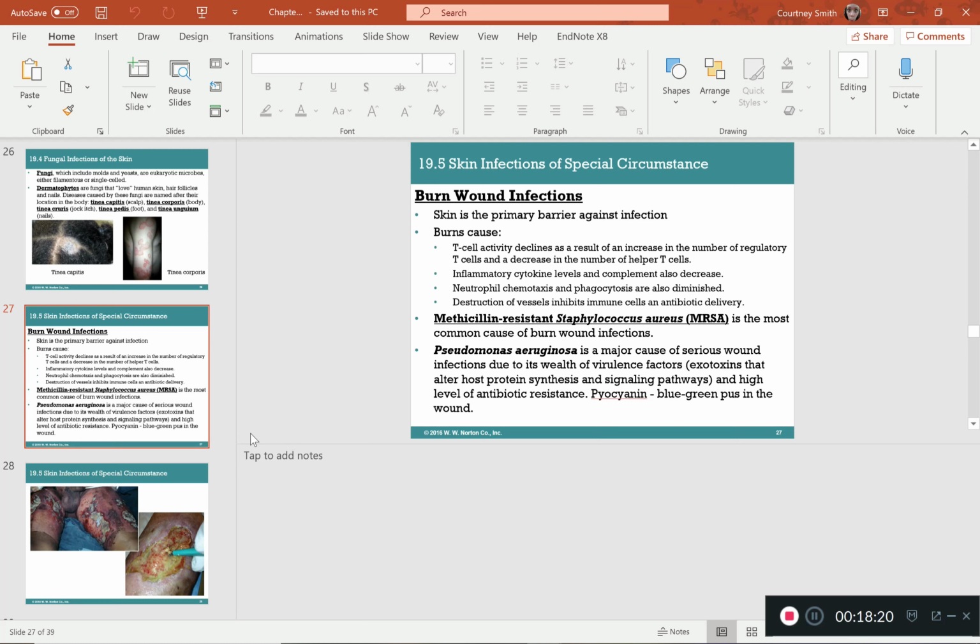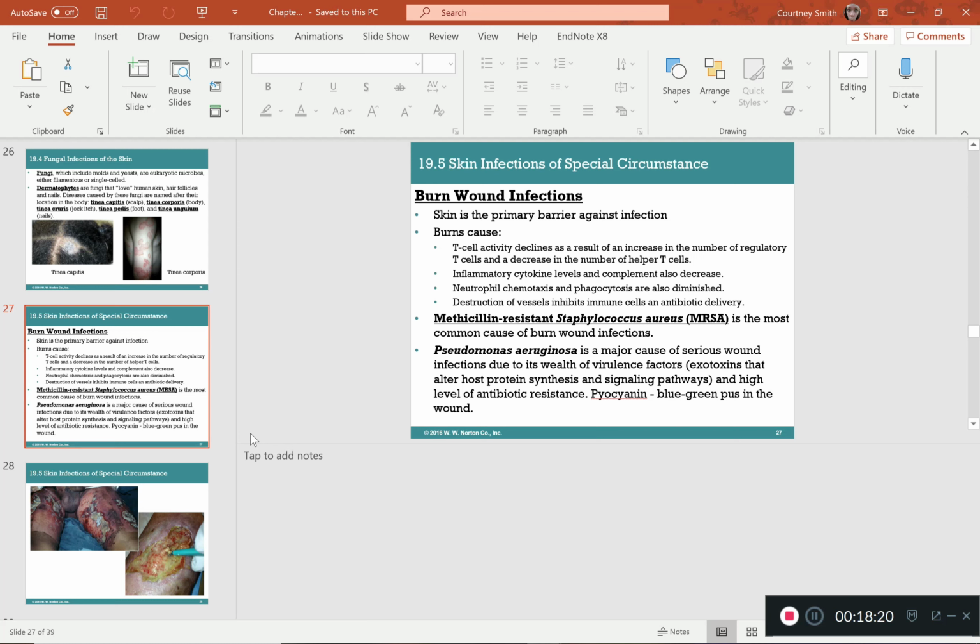It can also be foul smelling depending on what species you have inside the burn wound. And MRSA is probably the most common cause of burn wound infections, followed by P. aeruginosa. And with burn wounds, essentially everything is decreased in terms of immune response.